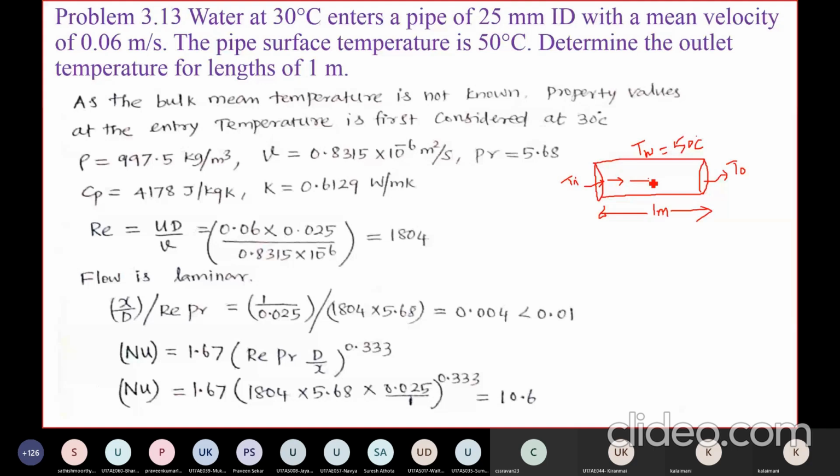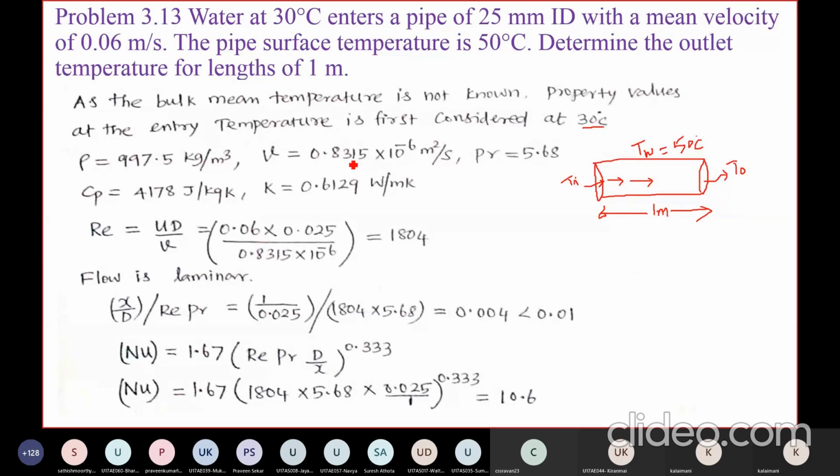That's why we can't take properties at the bulk mean temperature. Initially, we consider the properties of the fluid at the inlet temperature, then later move on to the bulk mean temperature. So the bulk temperature is not known, therefore the property values are taken at the entry temperature, 30 degrees Celsius. The density is equal to 997.5 kg per meter cube.